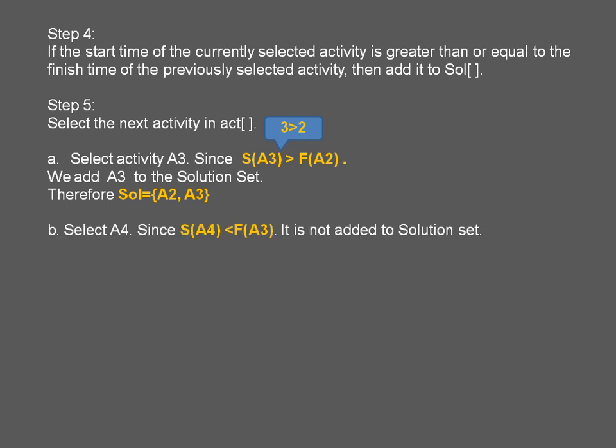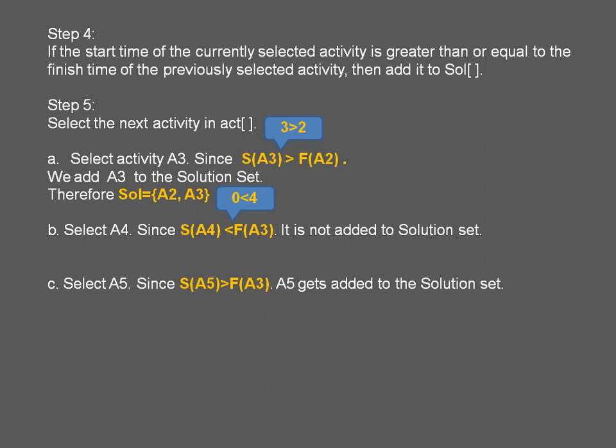Now we select the next activity, A4. The start time of A4 is less than the finish time of A3. The start time of A4 is 0 and the finish time of A3 is 4. So 0 is less than 4, and therefore A4 is not added to the solution set.